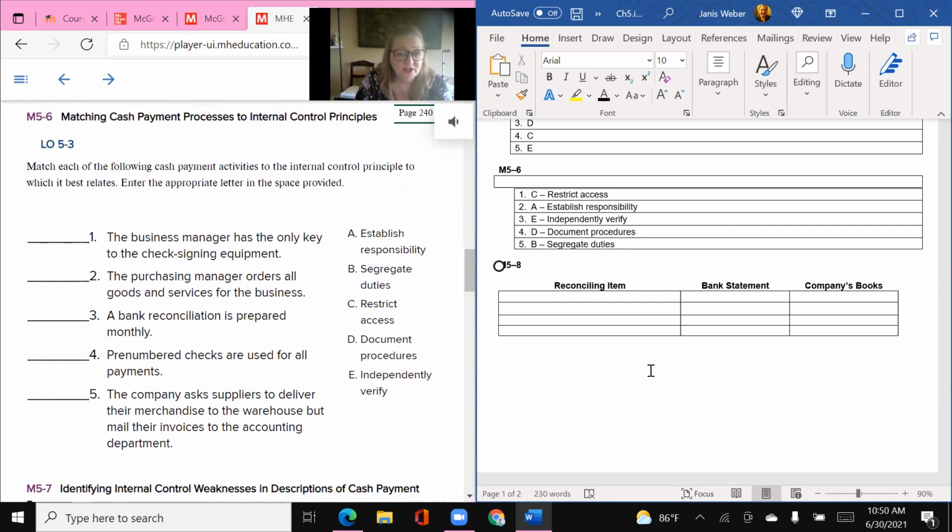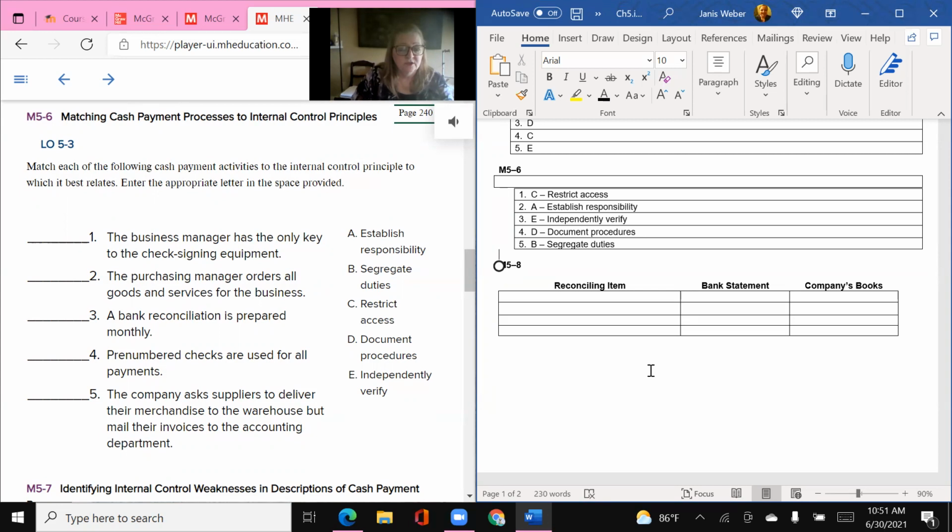And then the bank reconciliation prepared monthly. That's independent verification. Then pre-numbered checks used for all payments. That's an example of documenting procedures. And then the last one, the company asks suppliers to deliver the merchandise to the warehouse, but mail the invoices to the accounting department. And that is an example of segregating the duties.